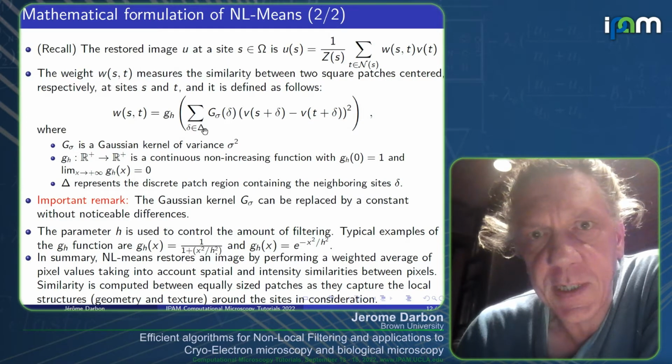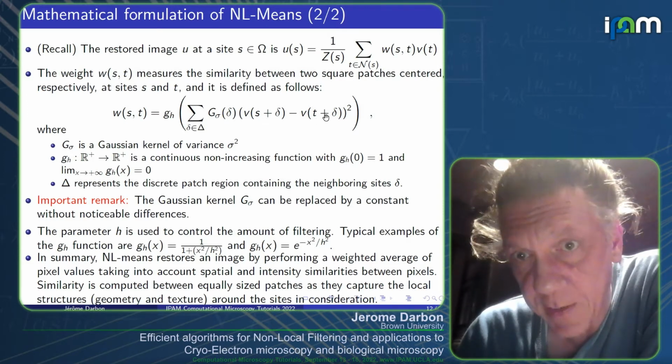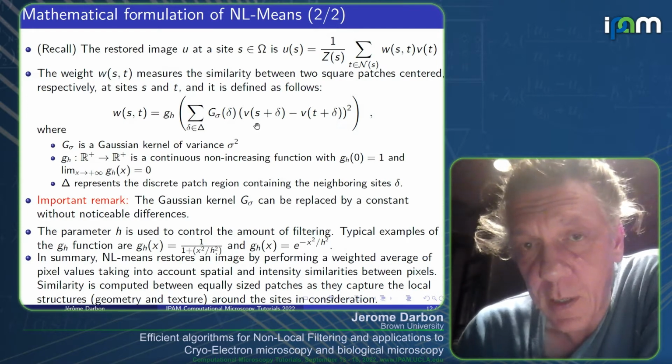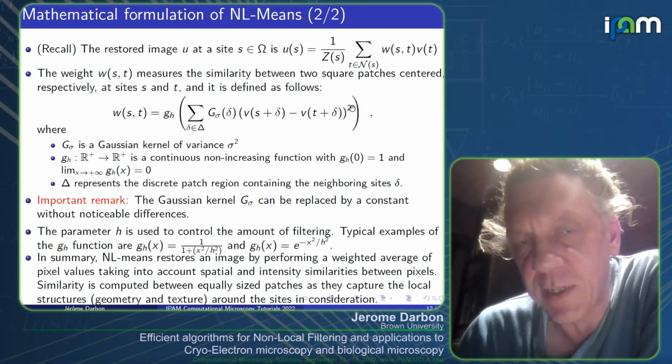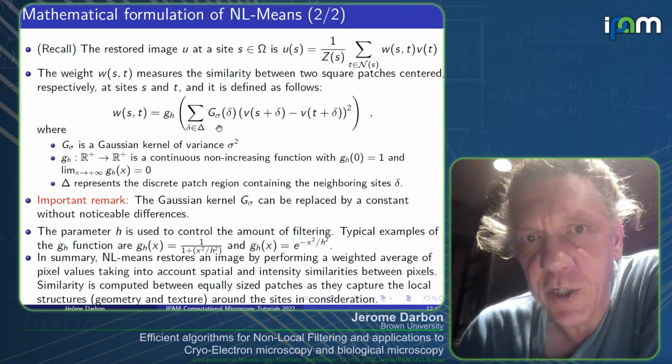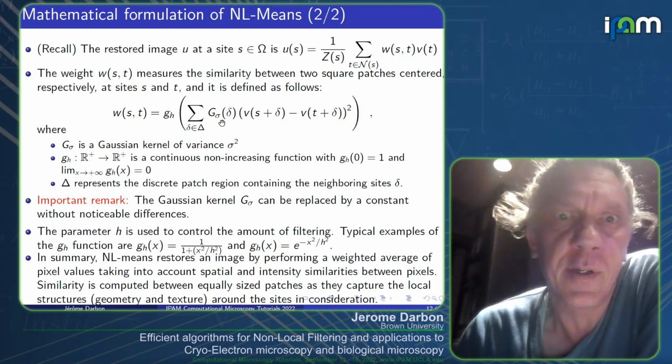Delta, you should see it as a patch centered at S and another patch centered at T. Once your two patches are superimposed, you take the difference and you square it. And if you wish, you can weight each of these terms by a Gaussian kernel.